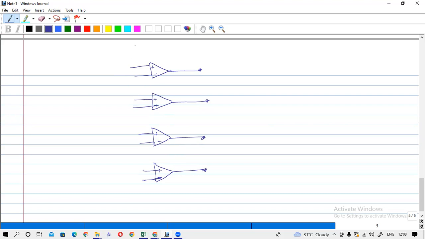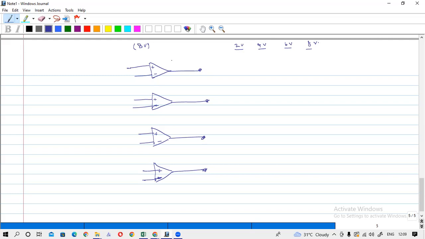Now, what is the maximum voltage level I can input? That is 8 volt. So now you have 2 volt, 4 volt, 6 volt, and 8 volt, 4 voltage levels, so you should have 4 comparator circuits to compare them.